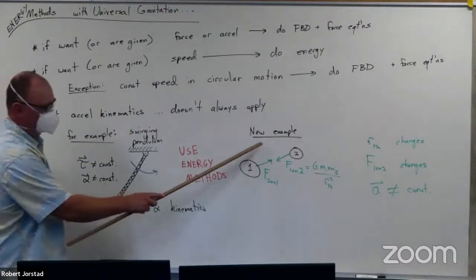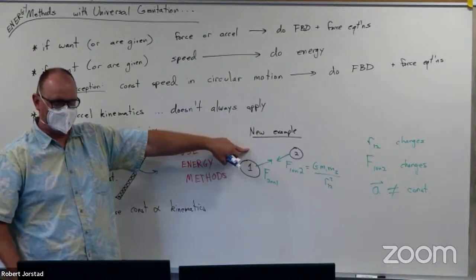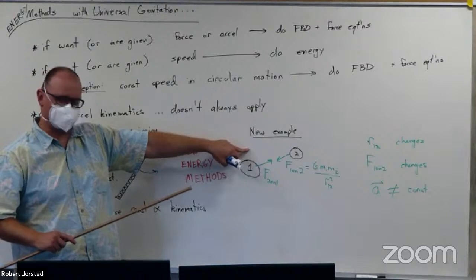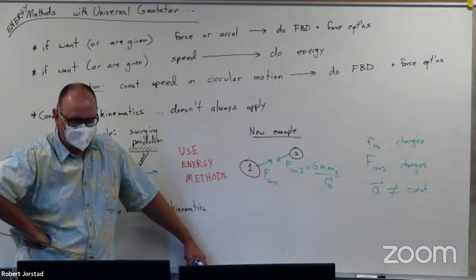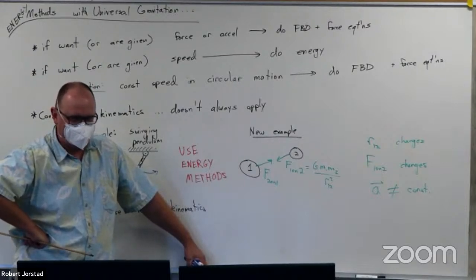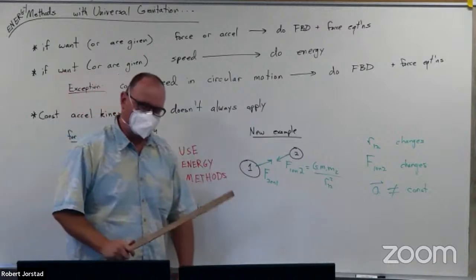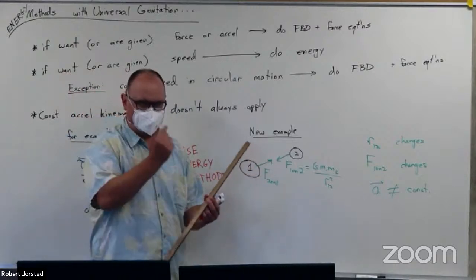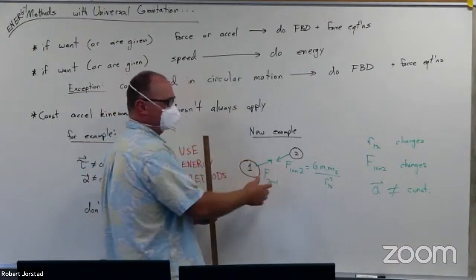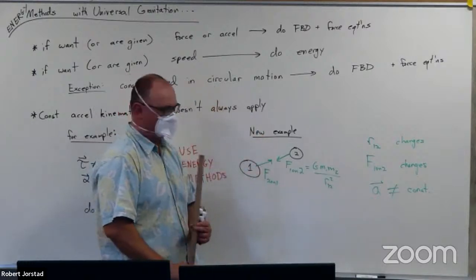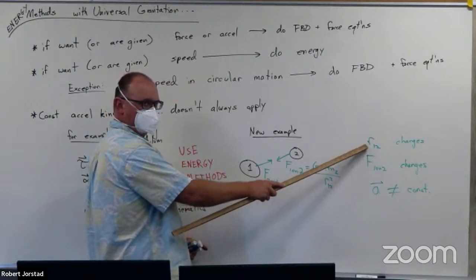In this problem, we just said that constant acceleration kinematics doesn't apply. And yet, when we were coding this, we used constant acceleration kinematics in the codes. Does anybody know why that's legal? The trick is this. In your code, we split the problem up into tiny time steps. And during one time step, the force is approximately constant, which means, if you split this thing up into small enough chunks, the distance doesn't change that much.